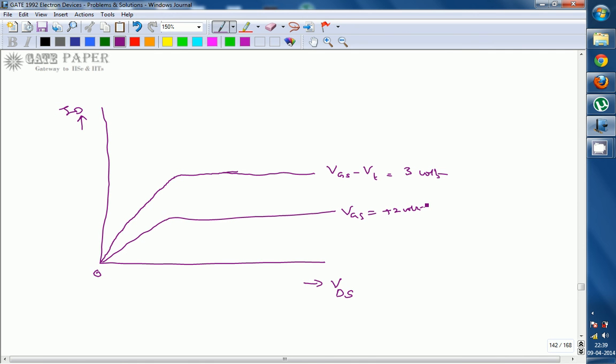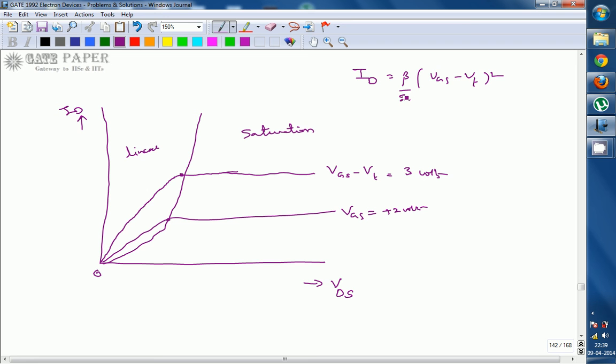These are the points which differentiate the linear region and the saturation region. In saturation, ID is defined as beta into VGS minus VT whole square.